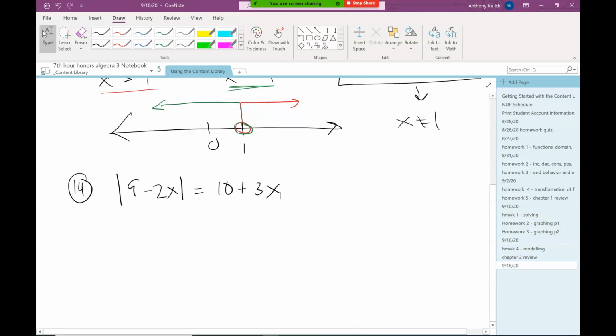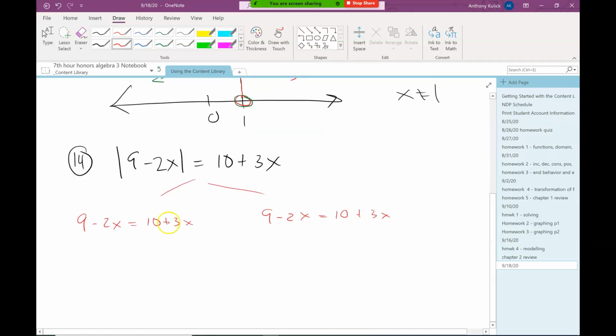All right. So the first thing I'd want to do is to isolate the absolute value part. That's already done. Everybody agree? So we go right to splitting. So far, so good? Okay.